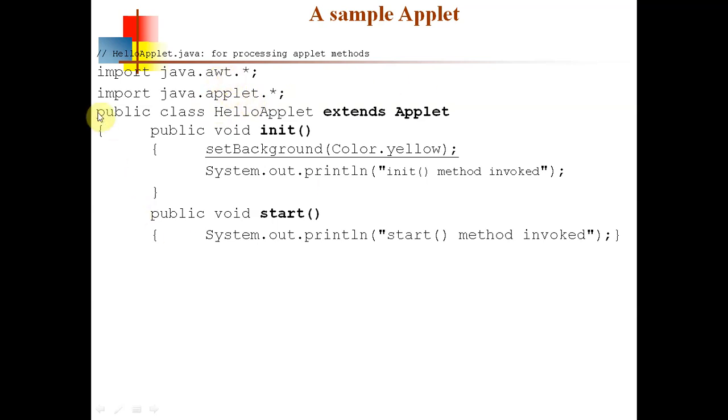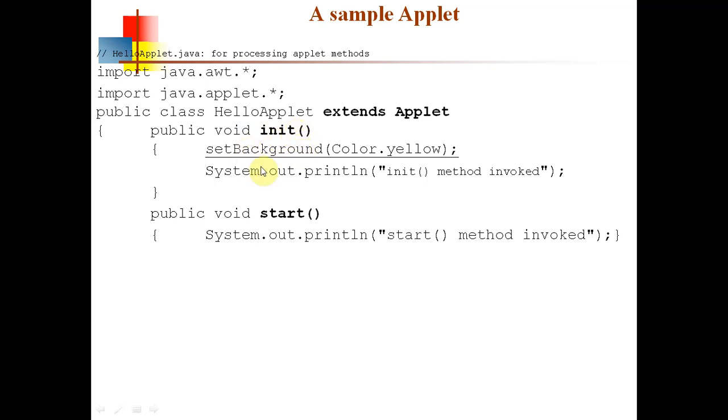The program is public class HelloApplet extends Applet, and the A of Applet is a capital letter, and java.applet is a package because it is completely in small letters, while the class is capitalized. Init is the constructor-like function of this HelloApplet class. Basically it is not a constructor function, but it behaves like a constructor.